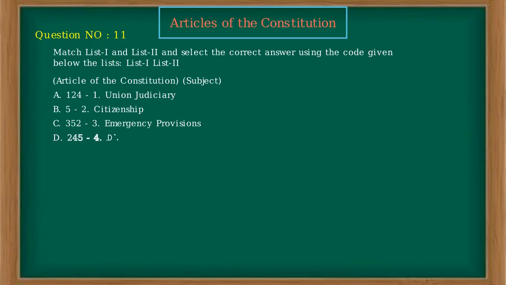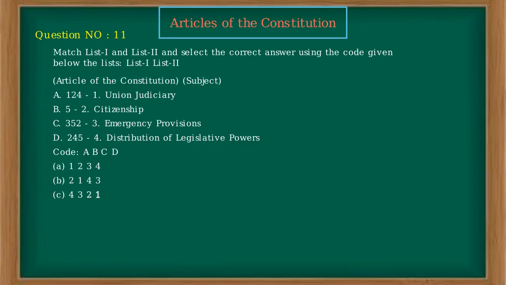D. 245, 4. Distribution of Legislative Powers. Code ABCD. A. 1, 2, 3, 4. B. 2, 1, 4, 3. C. 4, 3, 2, 1. D. 3, 4, 1, 2. Ans. A.